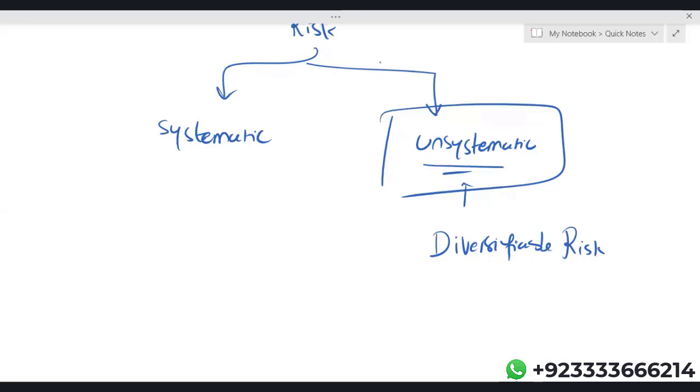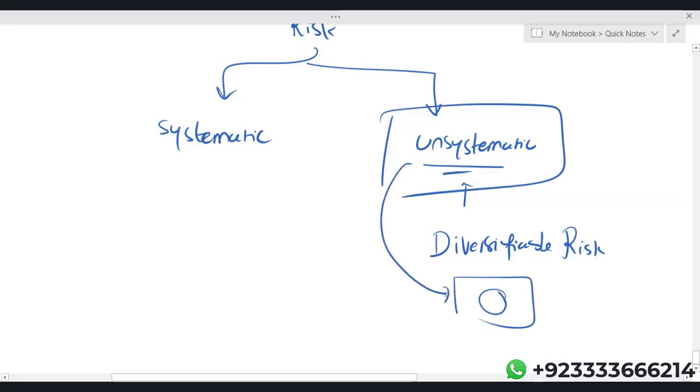Now, a very important concept. There are a number of assumptions, but one assumption in CAPM is that the investor has a well-diversified portfolio of investment. Since the investor has a well-diversified portfolio, we always assume unsystematic risk in CAPM is 0.